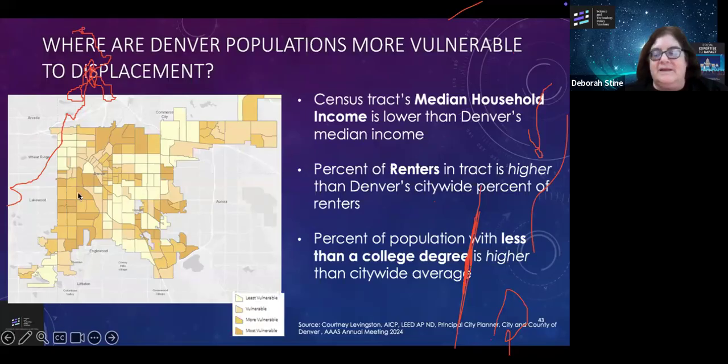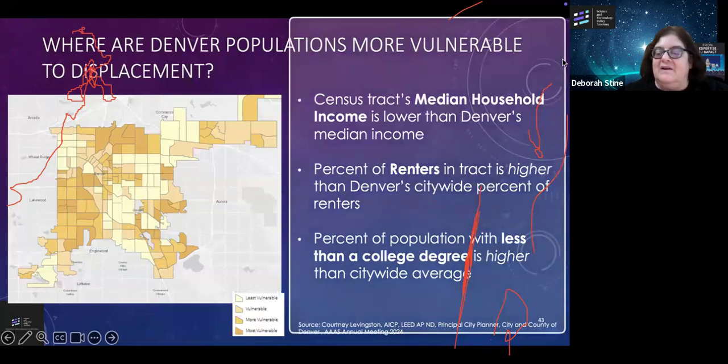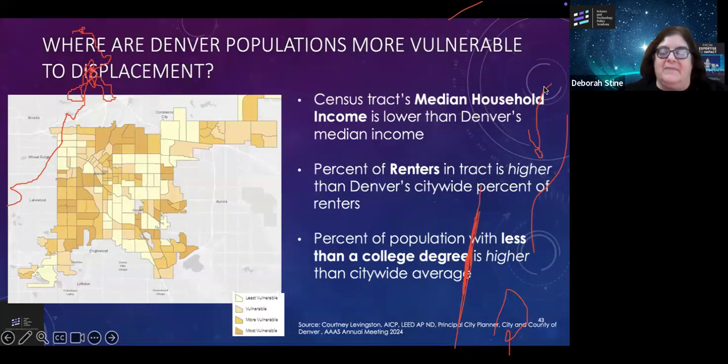You'll see that they're doing it almost block by block. It's not even by zip codes, it's more by census tract. They're looking at the percent of renters, which means they are more likely to face displacement because they can't stay. And they're also looking at the percent of the population that has less than a high school degree.